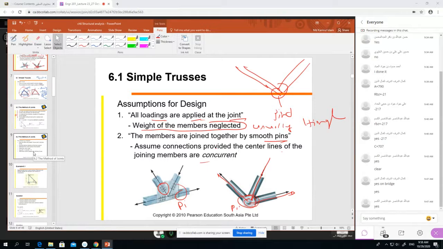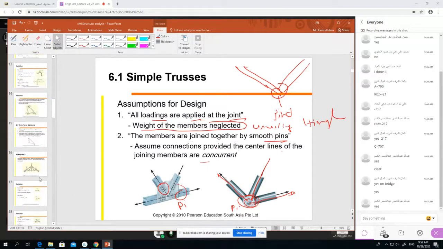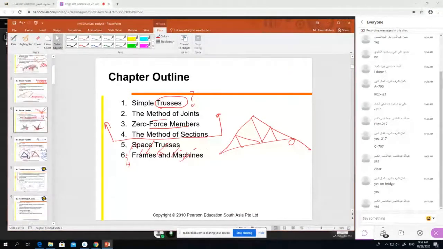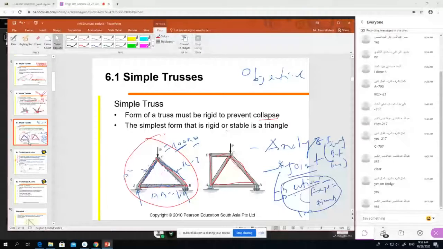Now, as I told you somewhere, where I have drawn it in class or something, our objective is to find how much force is carried by this member. Force has only two types.